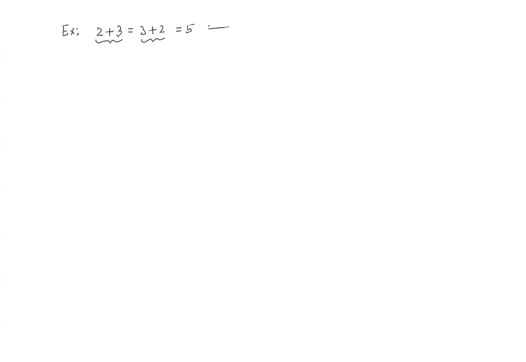This property is called the commutative property. What it means is that you can commute the addition process, that means you can switch them around. So in general, the commutative property is A plus B is equal to B plus A.